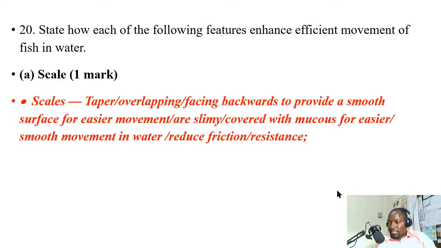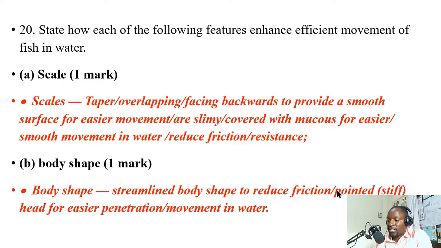The scales overlap, facing backwards, which provides a smooth surface for easier movement, and are also slimy, covered with mucus for easier smooth movement in water, and they reduce friction or resistance. The body shape is streamlined to reduce friction, and there is a pointed head for easier penetration and movement in water.